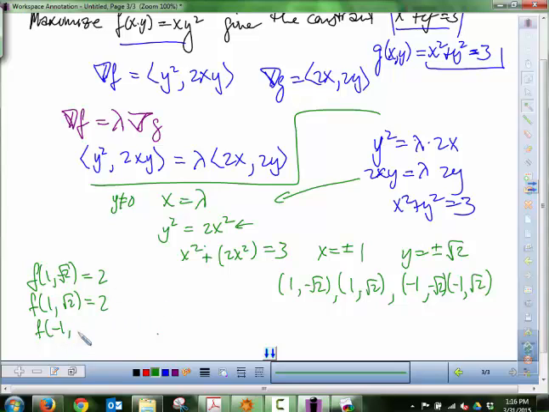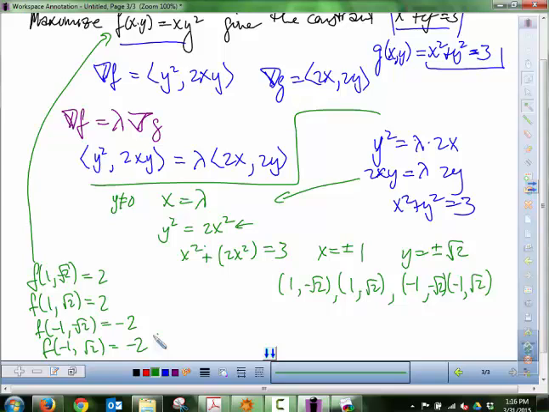And if you put negative 1 in there, that's going to be a negative 2. Putting it back into f, I got a couple of maximums, couple of minimums, again, coinciding with the picture that we got earlier.